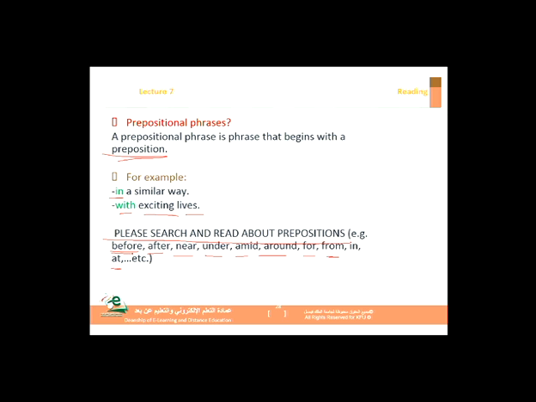Before we talk about X. After that, we are going to do whatever. Under any circumstances, this is not going to happen. So if the phrase starts with a preposition, one of these, then you should tell me straight away that this is a prepositional phrase.